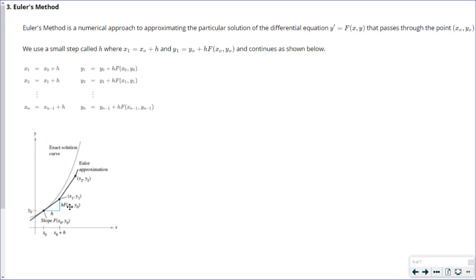We use a small step that we call h, and here are the two formulas. For each x value, we take the previous and add h. For each y value, we take the previous and add h times f of the previous point. So let's try this out.